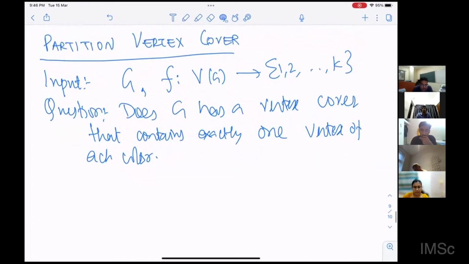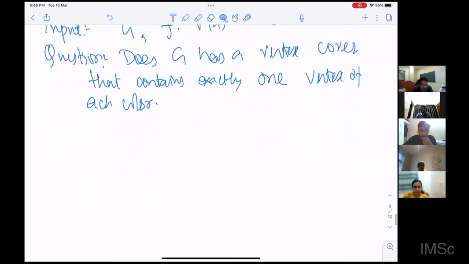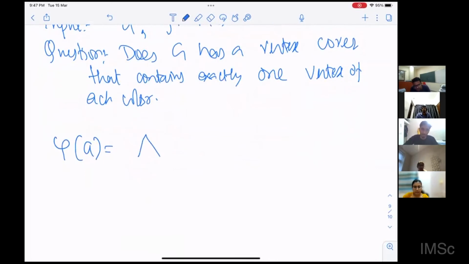So we started with partition vertex cover and we said, okay, let's make this formula phi G, which was nothing but the AND over (u, v) in E of (x_u or x_v). This definitely captures vertex cover. But this formula just captures vertex cover.